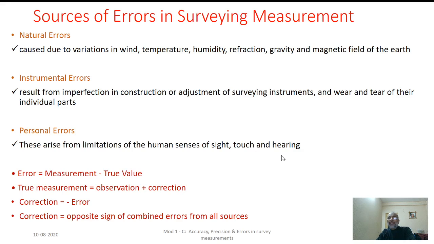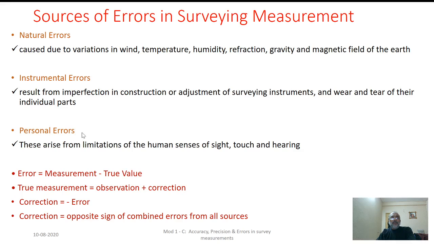One who has impaired hearing may not be able to sense the particular expressions, and accordingly one may face this kind of personal errors.